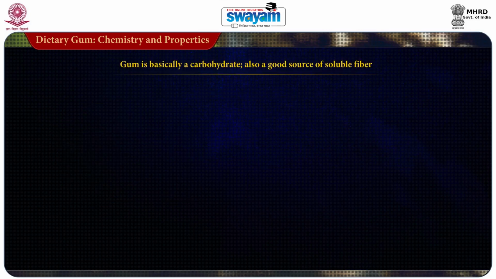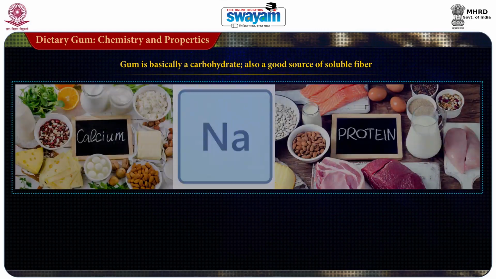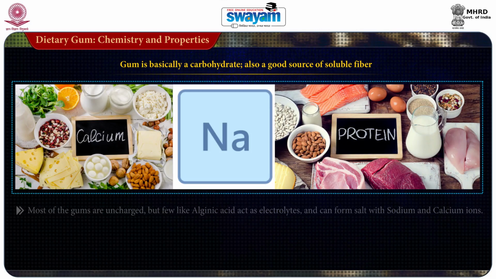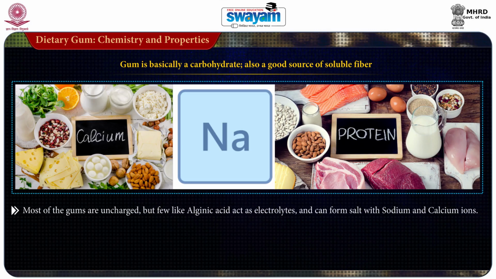Gum is basically a carbohydrate. It is a good source of soluble fiber and it also contains calcium, sodium and a small amount of proteins. Most of the gums are uncharged, but a few like alginic acid act as electrolytes, so they can form salts with sodium and calcium ions.